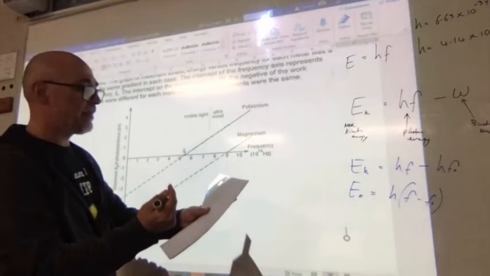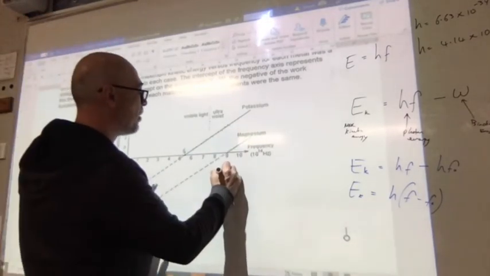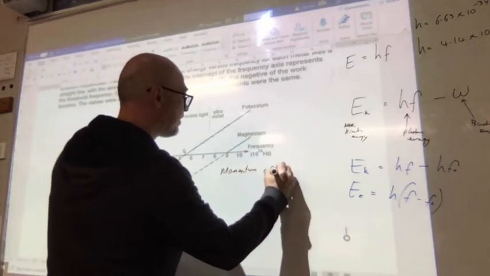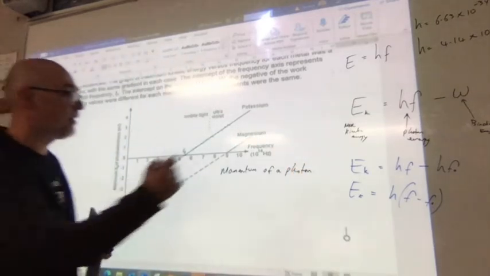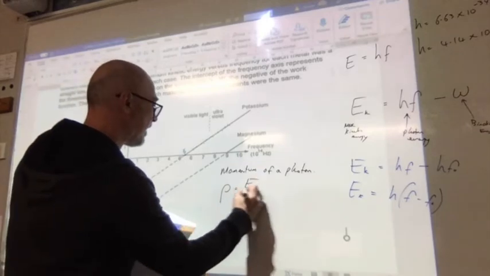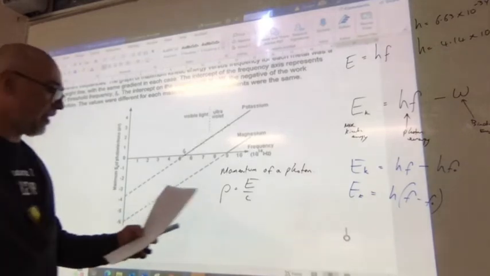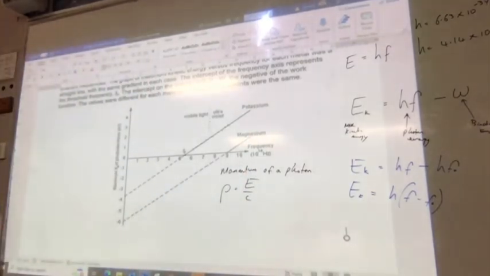So light has been shown to have momentum. All right, so the momentum of a photon is calculated by momentum equals its energy divided by the speed of light. Basically, you've got a couple of other results using the wave equation. The wave equation v equals f lambda. When it comes to light, c equals f lambda.